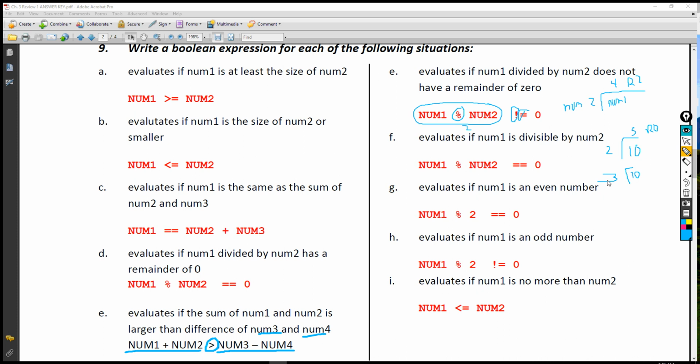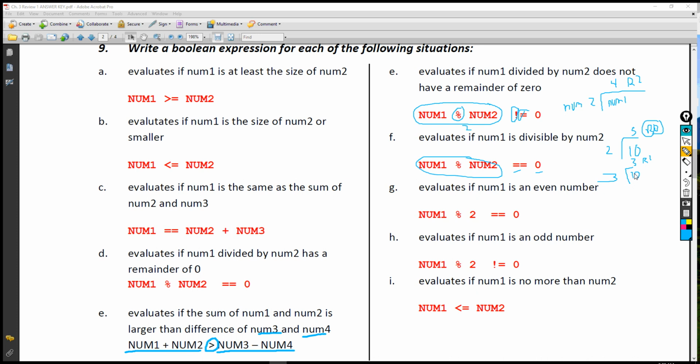But this one is 3 remainder 1. So it has a remainder of 1. So what we're really asking, in order for a number to be divisible by another number, its remainder has to be 0. Anything else, it will not go in evenly. So we're asking, is the remainder, that's this, equal to 0?